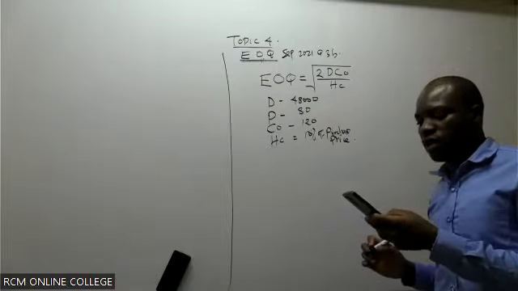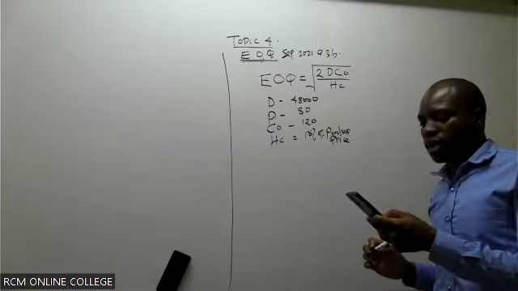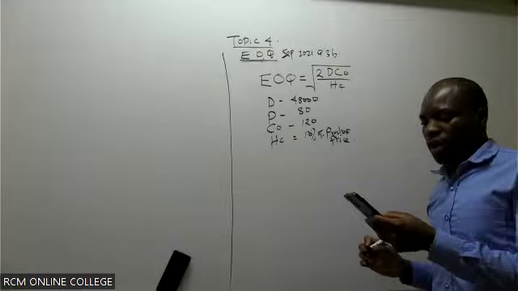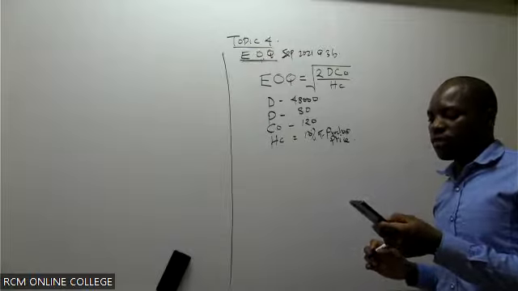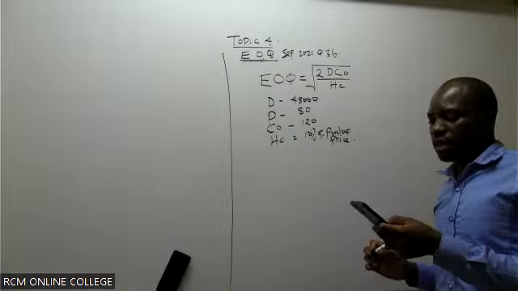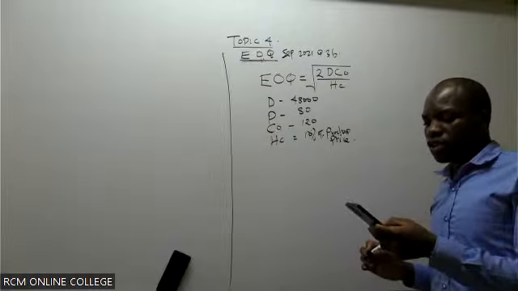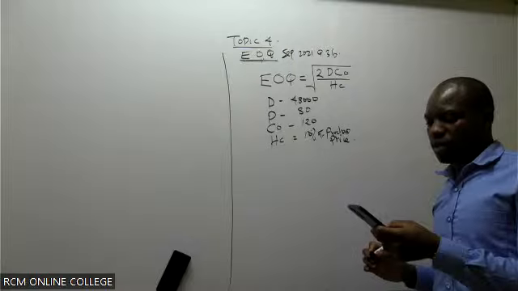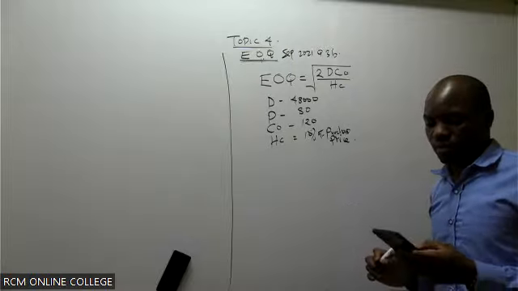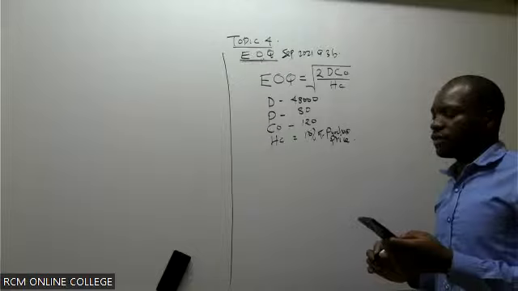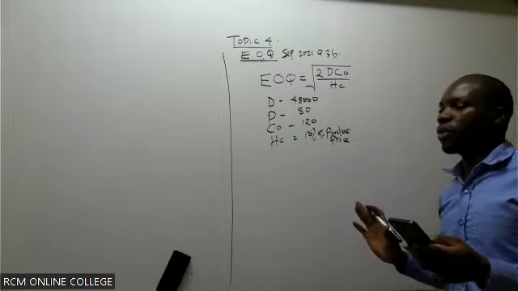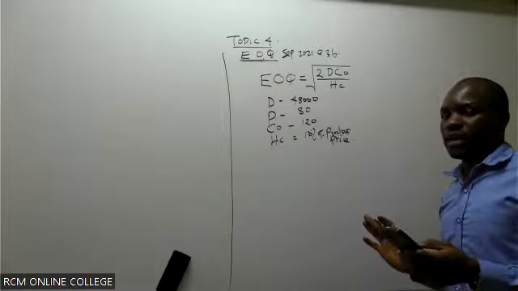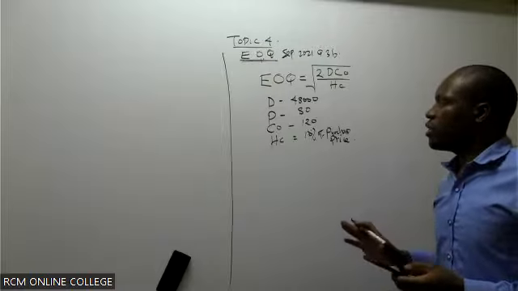So what do they want us to do? The supplier of raw material Y has offered a discount of 1% of the purchase price if each order placed is for 2,000 units. So what do we need to do?